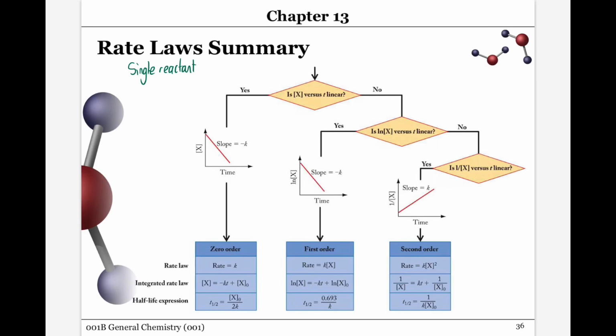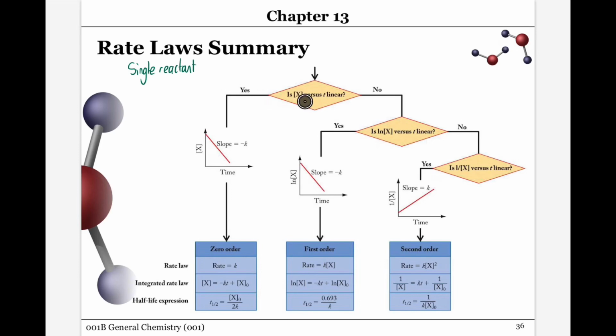The first thing we should do is plot the concentration of our reactant versus time, and if it's linear, then that tells us we have something which is zeroth order, and the slope of our plot of concentration versus time will give us the rate constant.